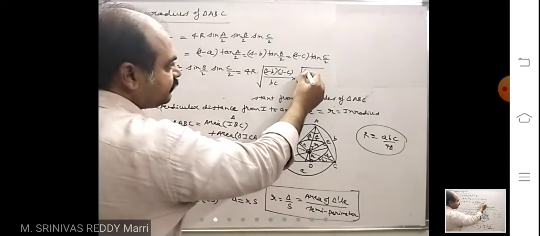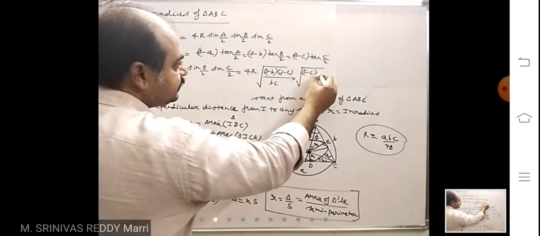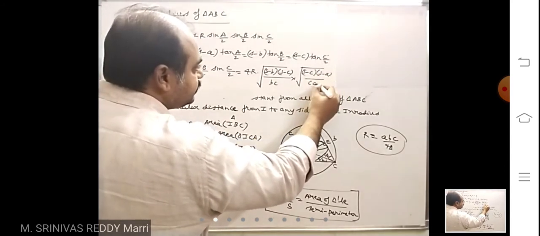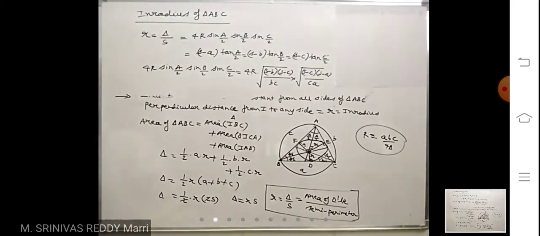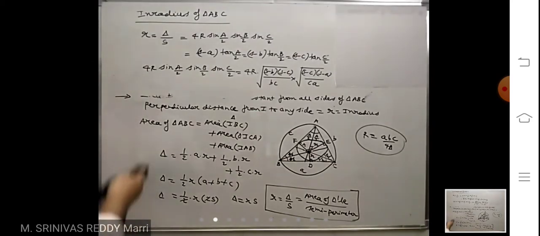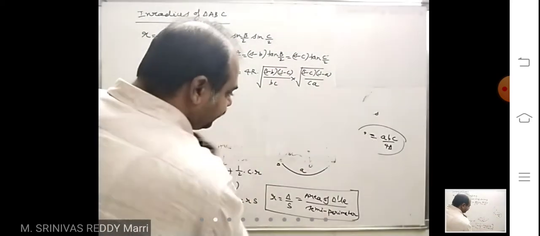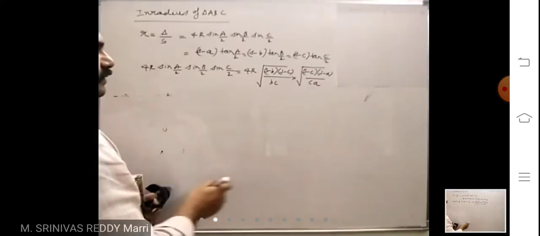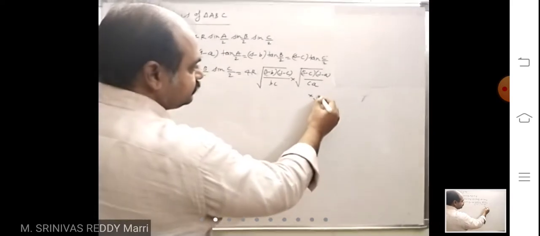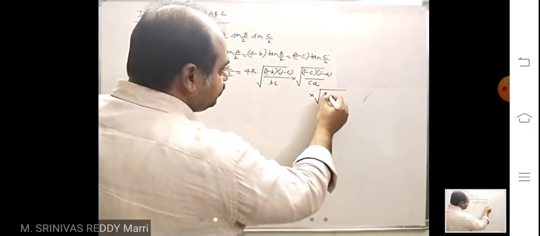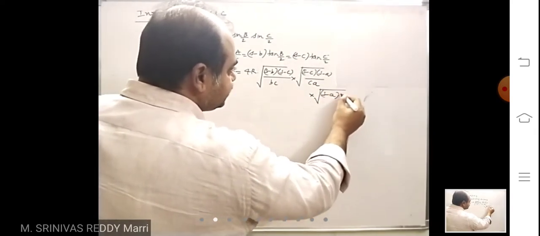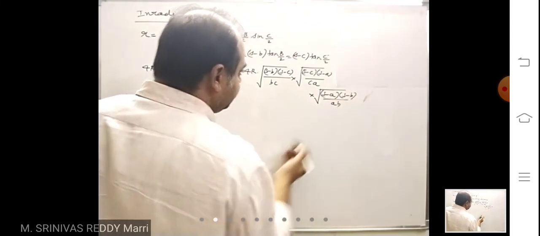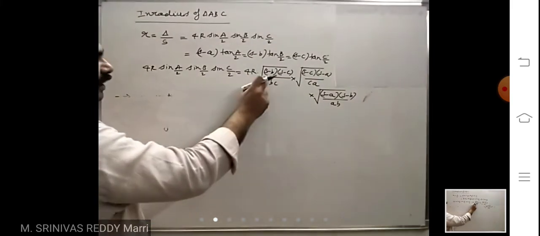Sine B by 2 is what? S minus C into S minus A divided by CA. Similarly sine C by 2 is nothing but S minus A into S minus B divided by AB. Right? I have just written the formula.